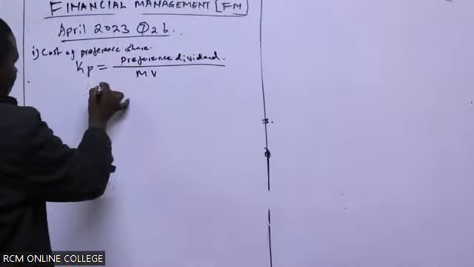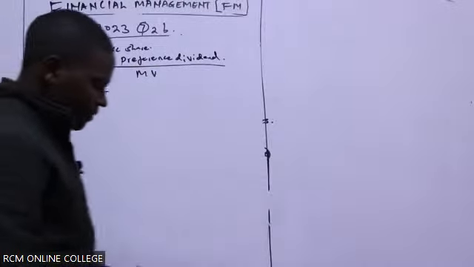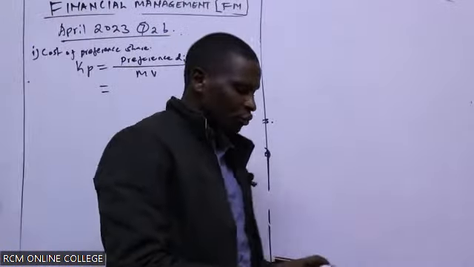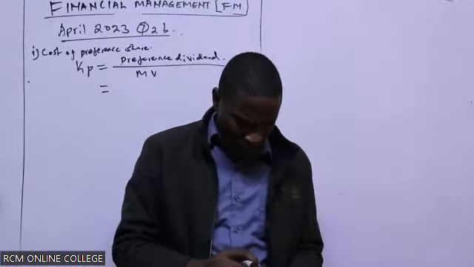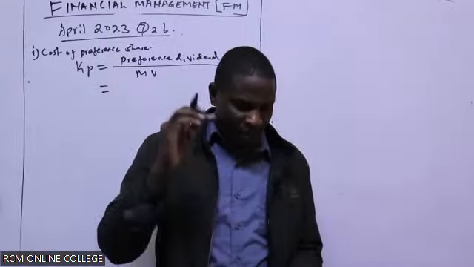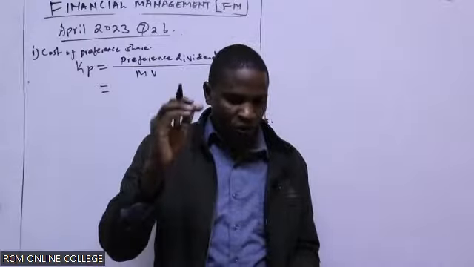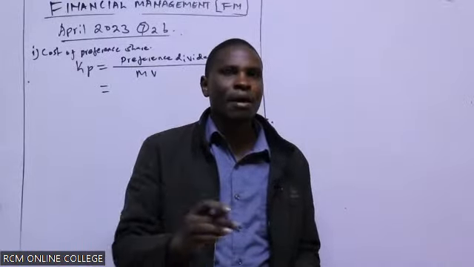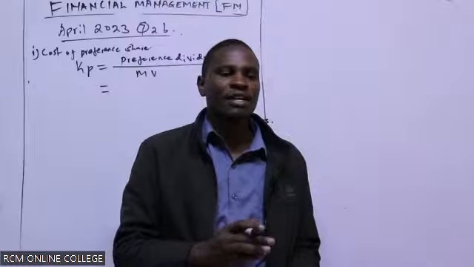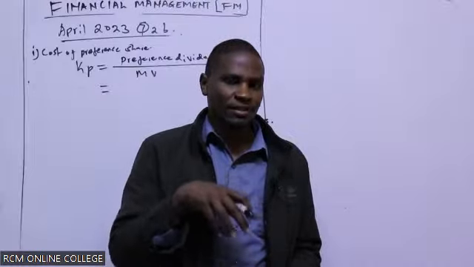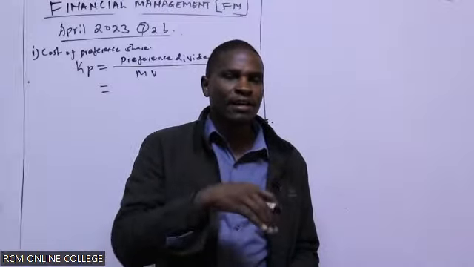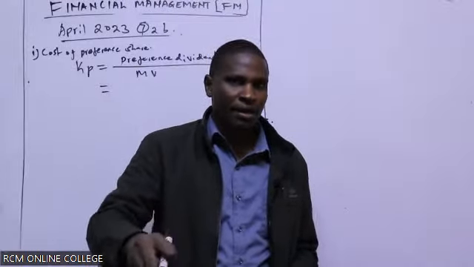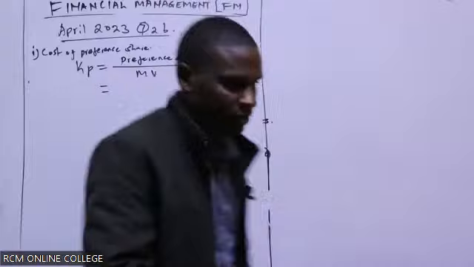Now, I just have to check. How do I get my preference dividend? I have to check the information talking about preference shares. So you come here and check: 8% preference shares of how much? 100. Remember, for us to get preference dividend, it is like how we get interest from a loan. You take the interest rate times the par, the loan borrowed.